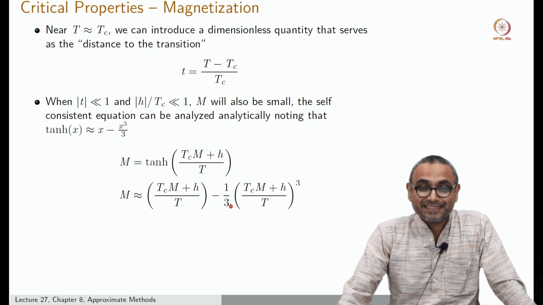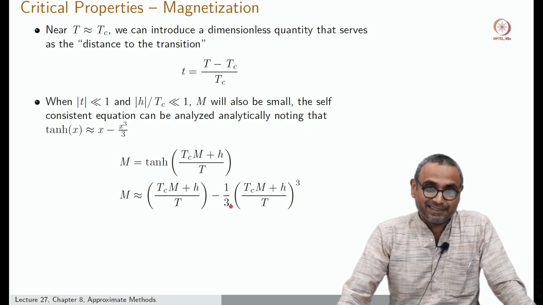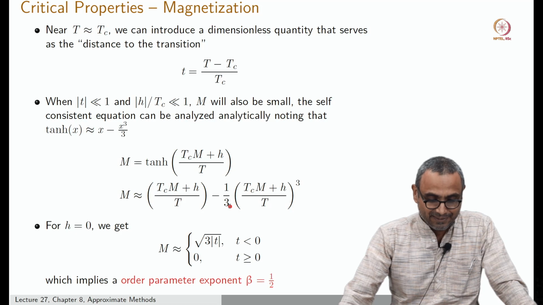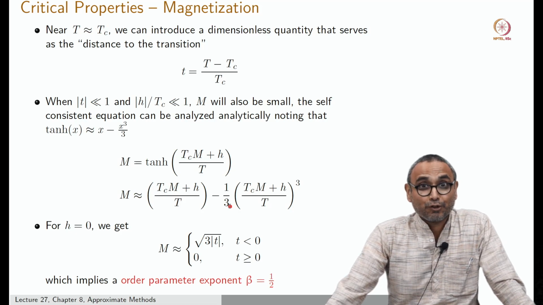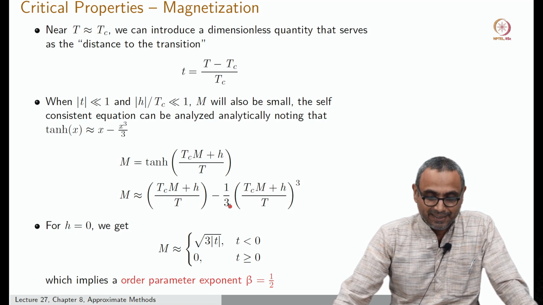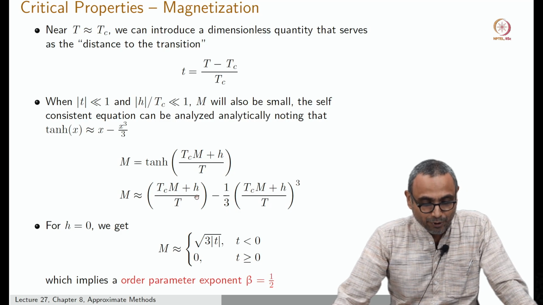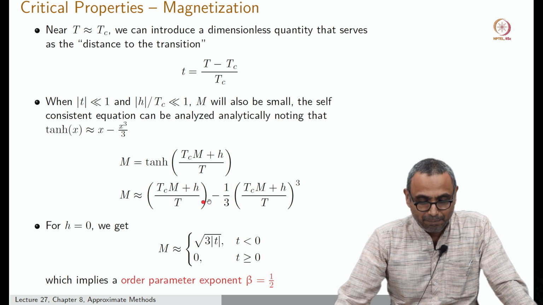If I do this, you will see that it will gain me a lot of mileage. Okay, so first things first. Suppose I put h equal to 0, you will see that this equation will tell me that m is equal to m multiplied by Tc by T minus 1/3 m cubed multiplied by Tc by T.